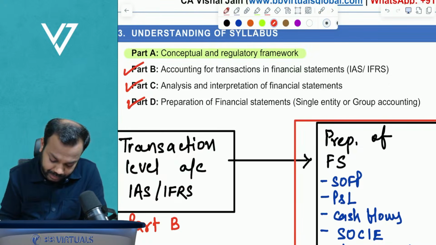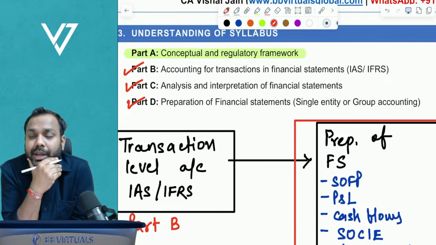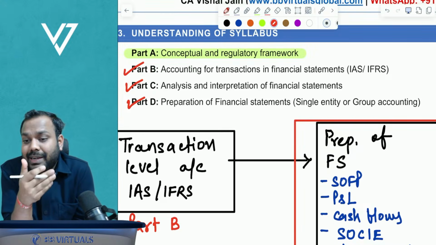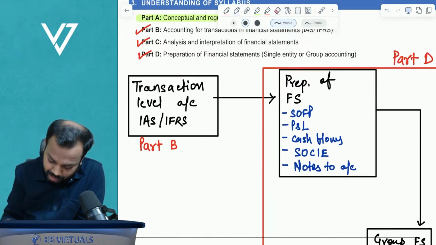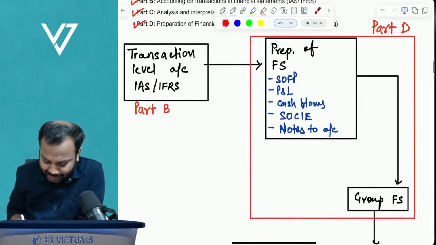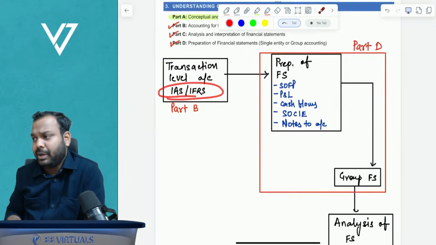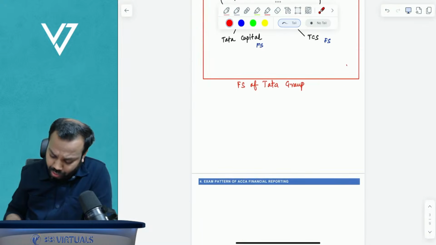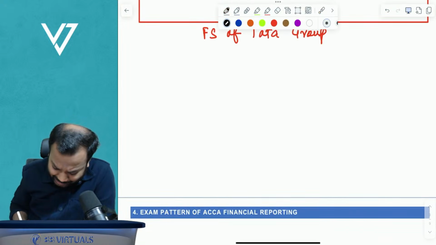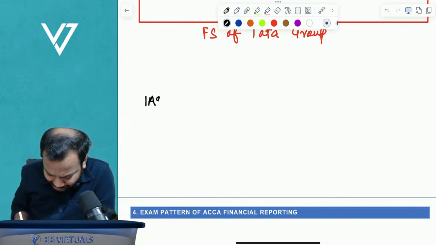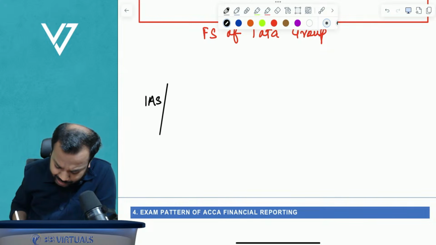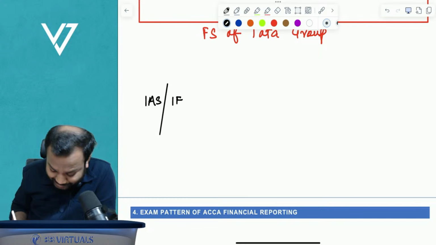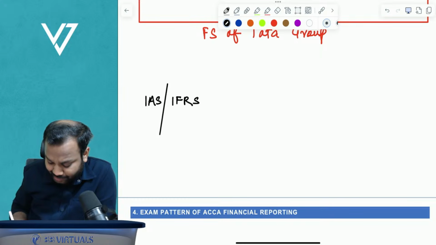Now, further, these standards, IAS or IFRS, do you know who sets up these international accounting standards and international financial reporting standards?